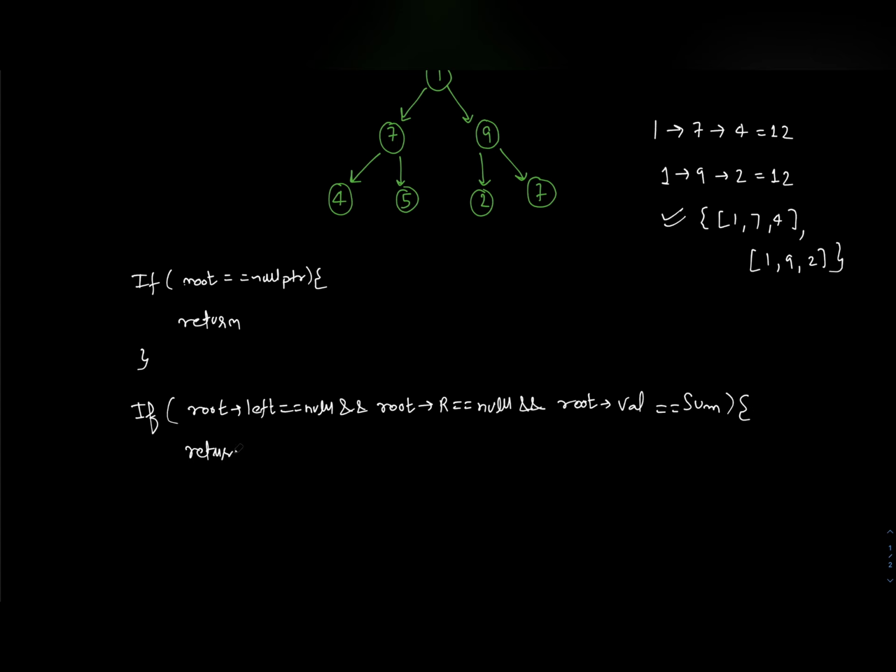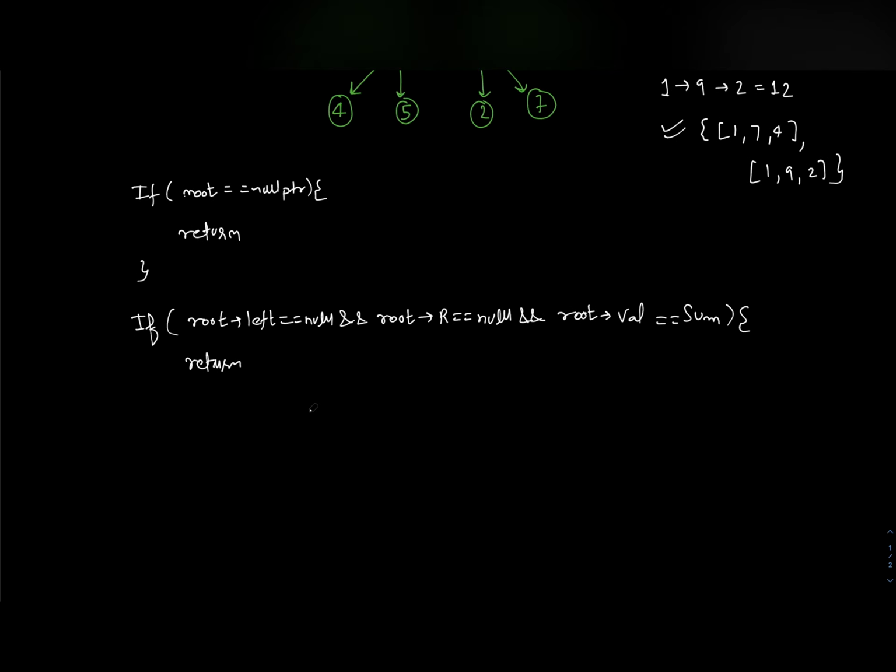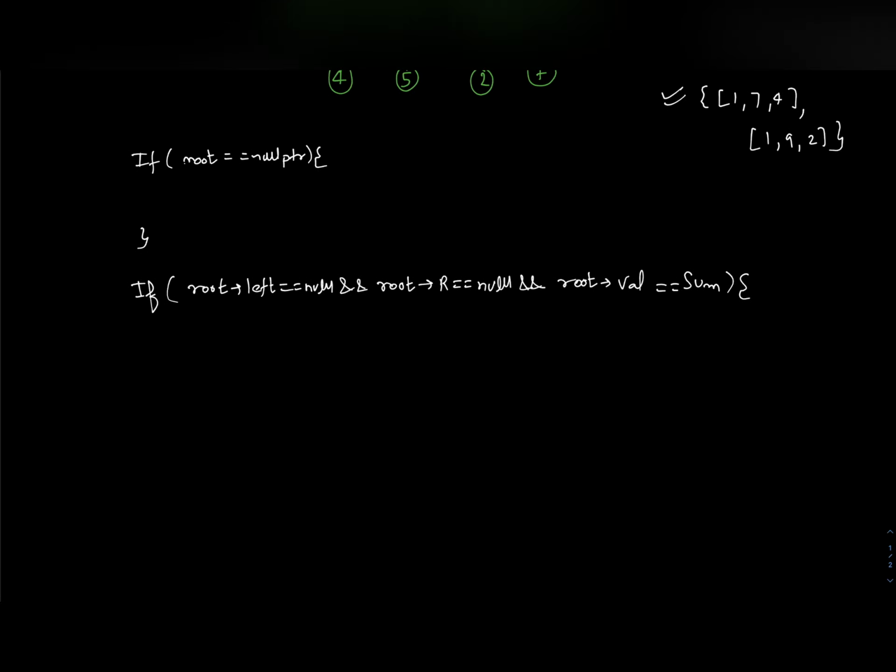I'm not returning anything here, just showing how it's an extended version of the previous question. For now, I should remove this return just to make sure that you guys don't get confused. So here the conditions are going to be the same, because it's an extended version.